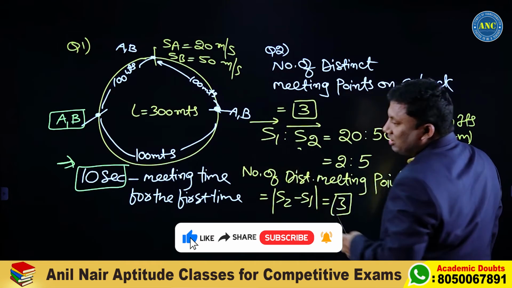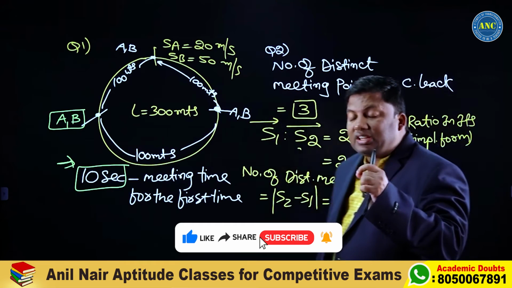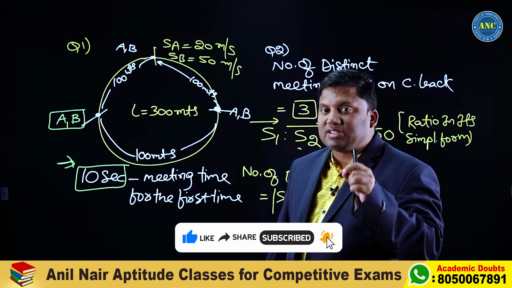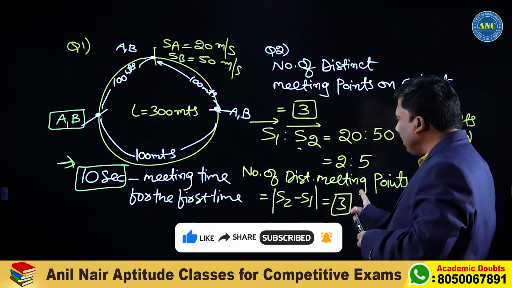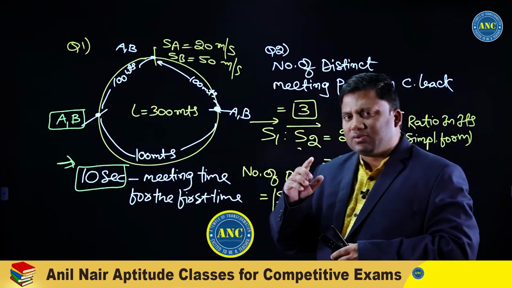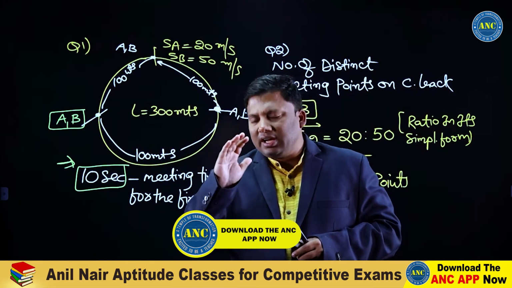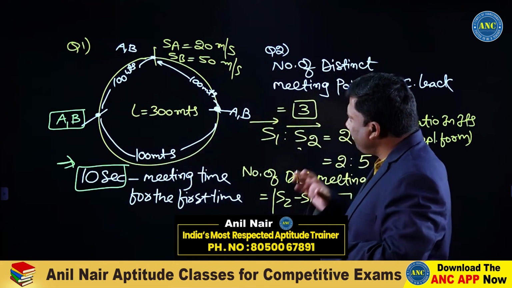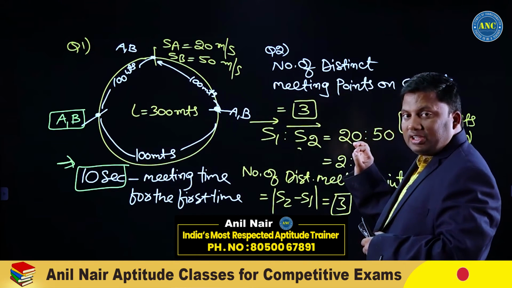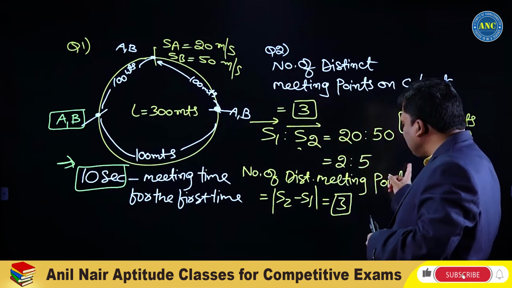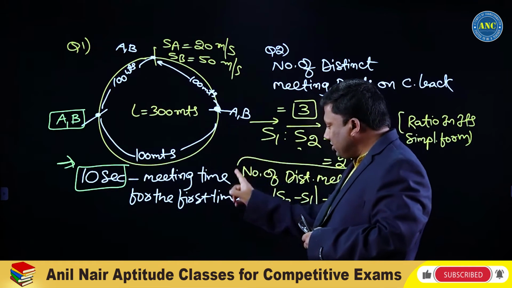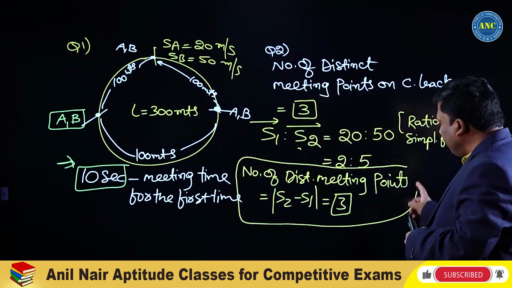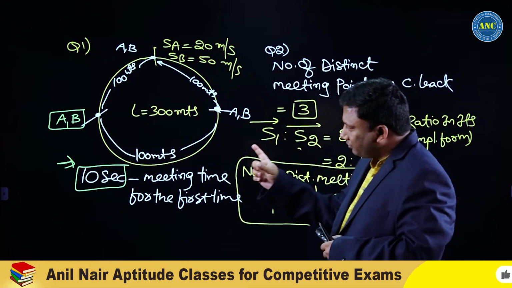The number of distinct meeting points on the circular track is given by S2 minus S1 or S1 minus S2; the smaller should be subtracted from the greater. This is the concept. Please box it: number of distinct meeting points on the track.